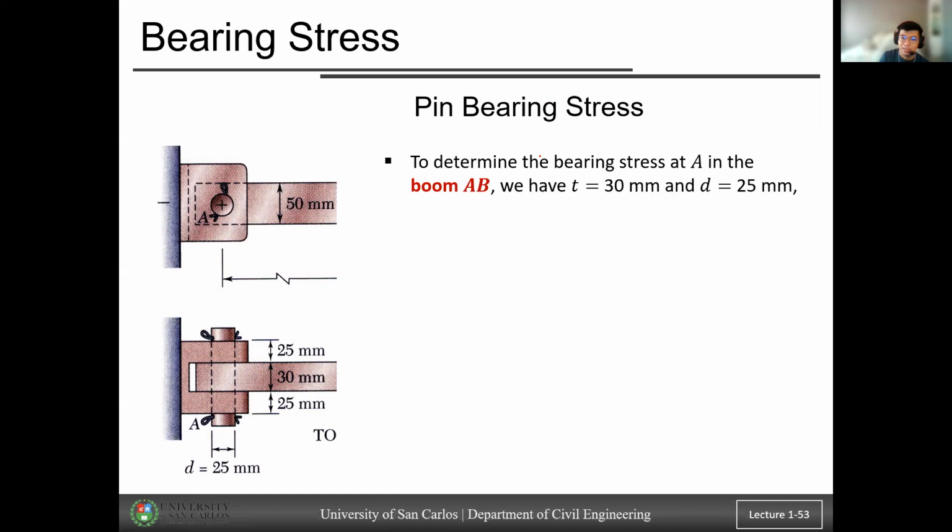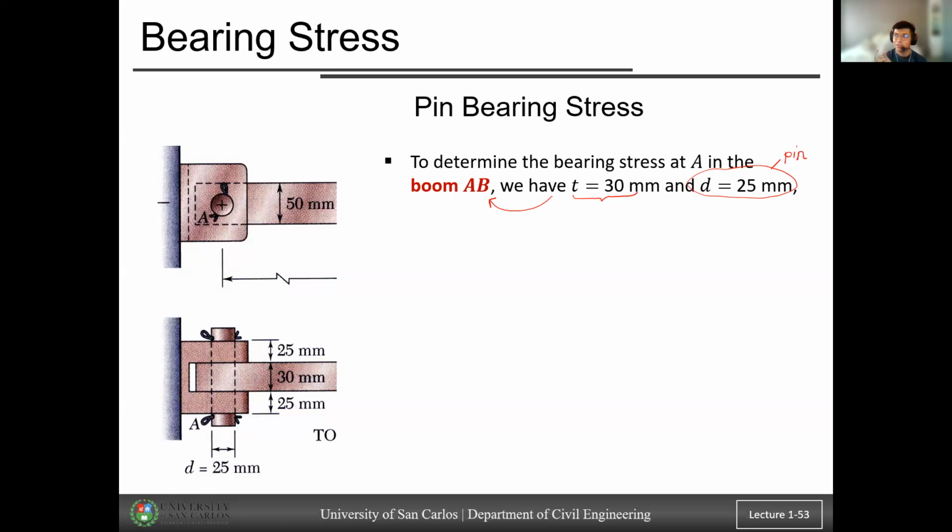Again, this thickness is coming from member AB, and this diameter here is coming from the pin. I think this was shown in the previous slide, that the contact area for the bearing is the area of the plate.